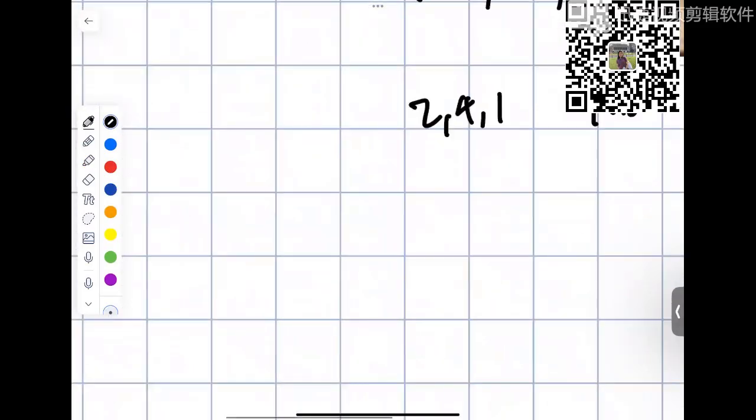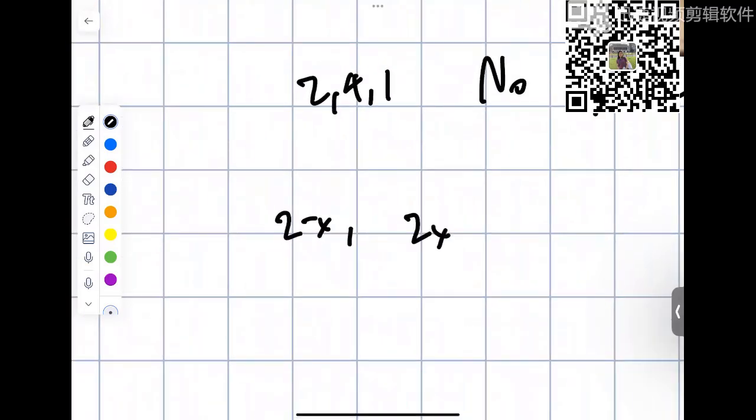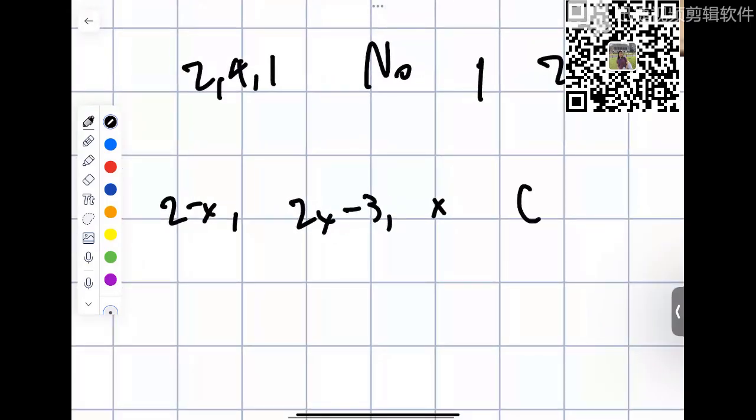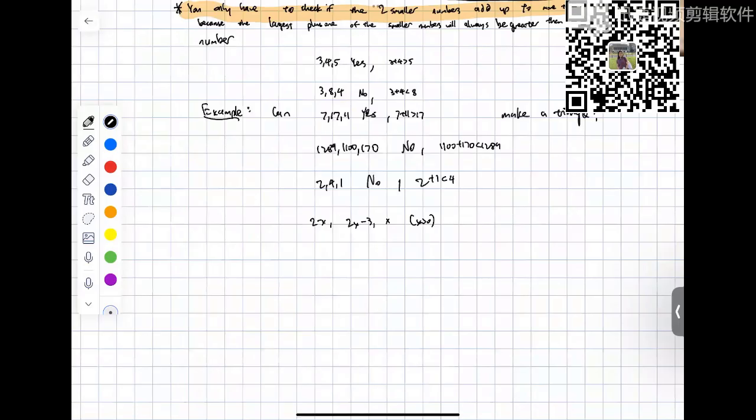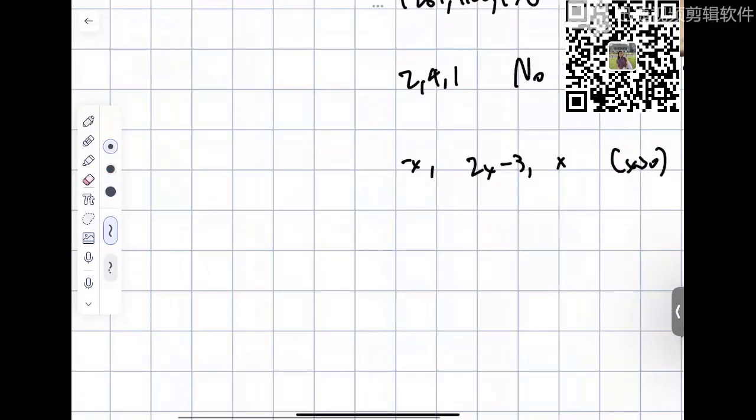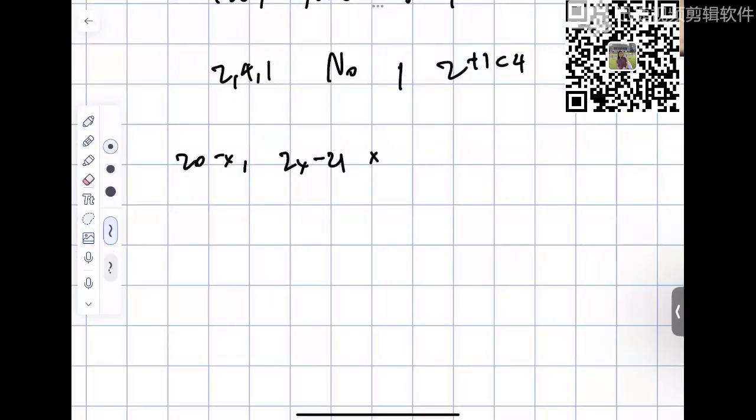What about this one? What happens if you add those numbers? Oh, no, sorry. This is actually because you don't want negative numbers. Let's see.